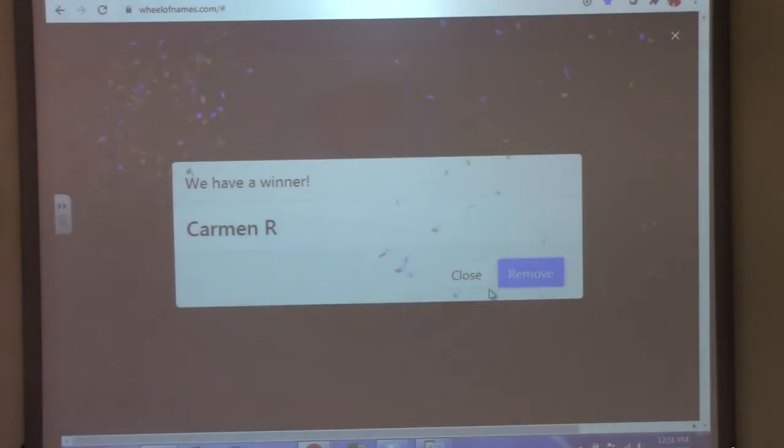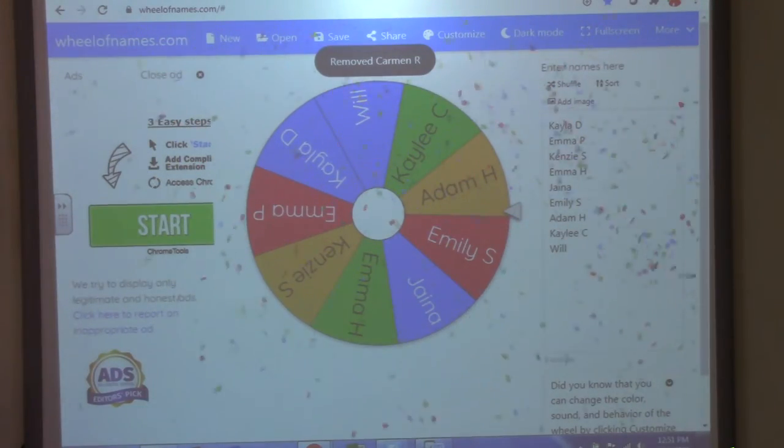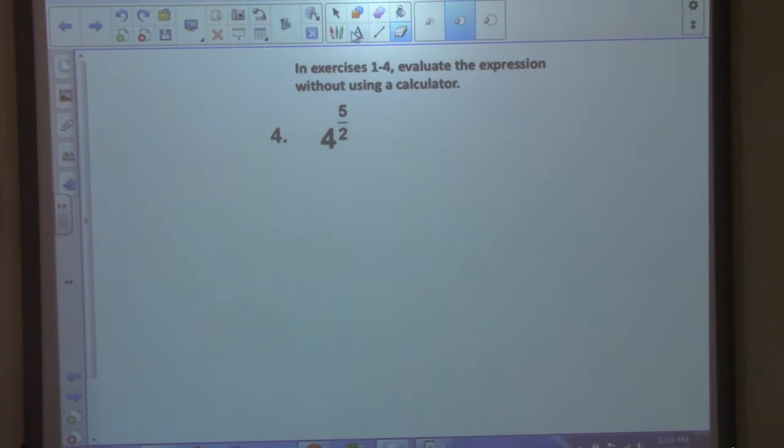Okay, I want you to look back at number 3. I will tell you something here: 4 to the 1/2 power is the same as the square root of 4.